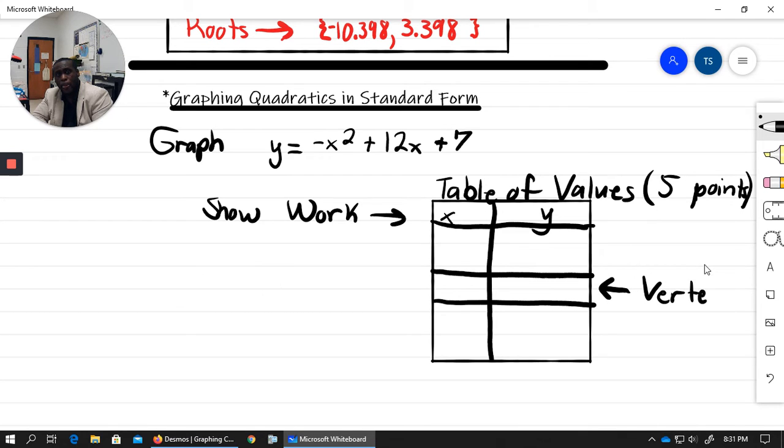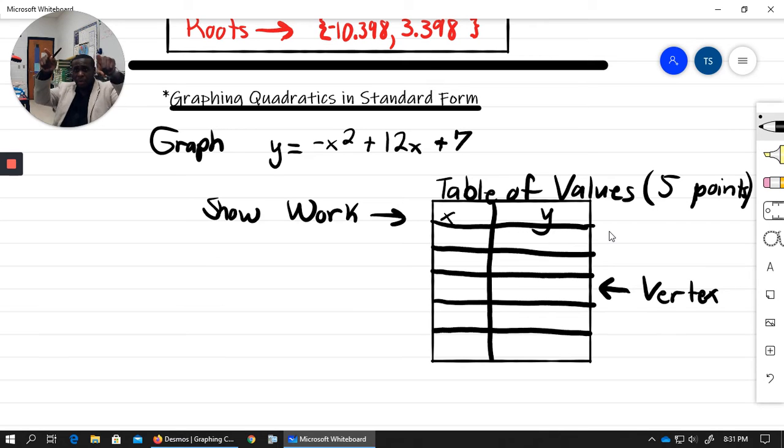And try to show other points close to the vertex that are sort of symmetric around the vertex. So if the vertex is that one point in the middle, then there should be other points on both sides of the vertex that are symmetric to each other.